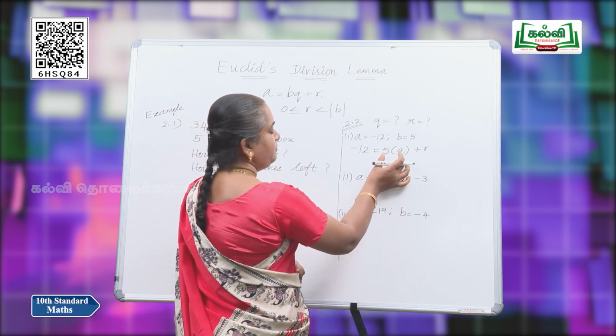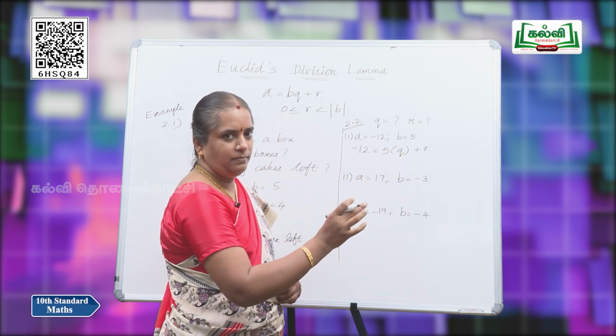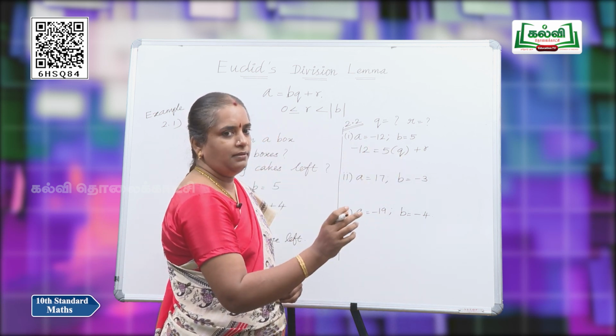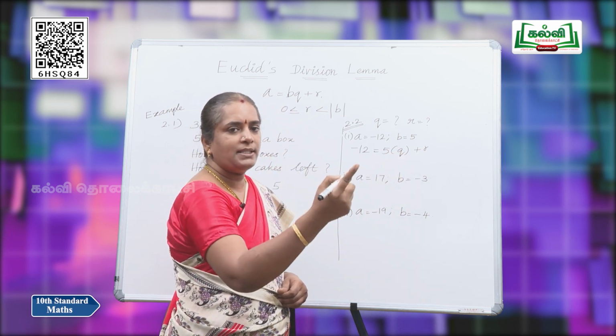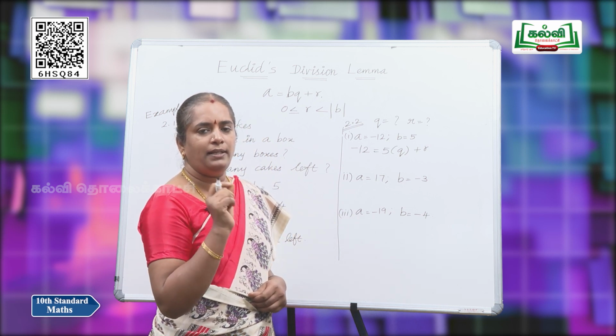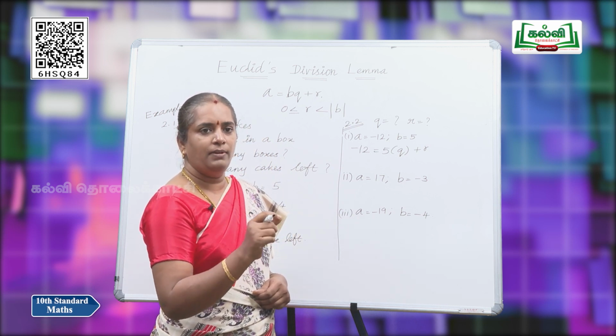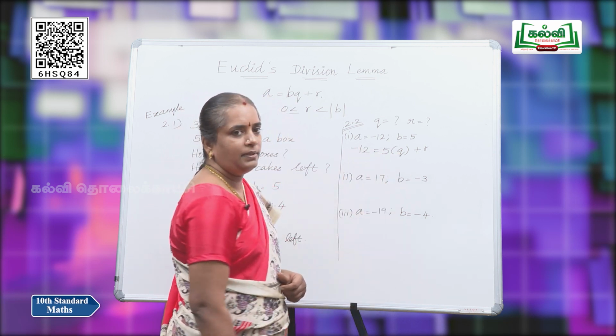So, see, invariably we will say that 5 twos are 10. So, 5 into minus 2 is minus 10, plus r, r is minus 2. But here r should not be negative, r is non-negative. And one more thing, this bq should be less than a.